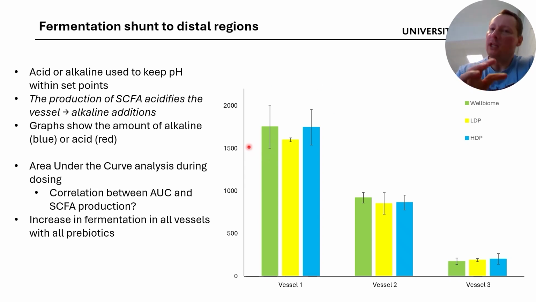There were differences between the short-chain fatty acids depending on each fiber, but we were able to increase the fermentation as you go through the model, even into the distal colon, which is quite hard to do. So this gave us a lot of excitement, because now we were able to use our environmental monitoring to correlate that with the fermentation potential of the different fibers that we might want to look at.